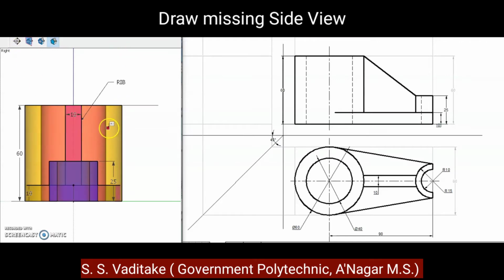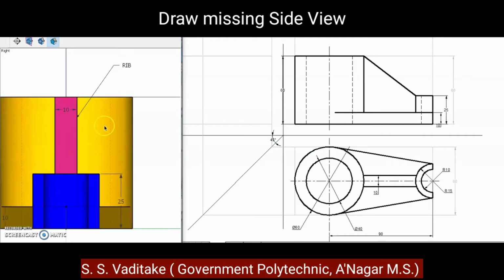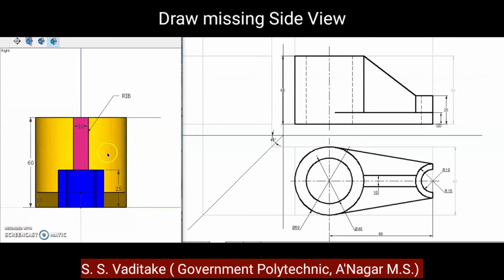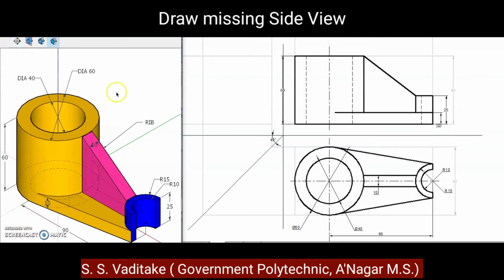For the hidden portion, this should be a dotted line, this should be a dotted line, this one and this one. Again this will be a dotted line for this rib, and this is a horizontal dotted line for this bottom plate. Thus in this way there are a total of 1, 2, 3, 4, 5 dotted lines in the side view.